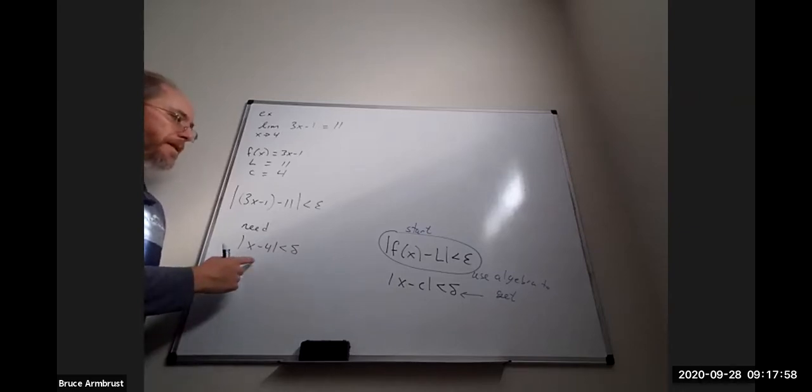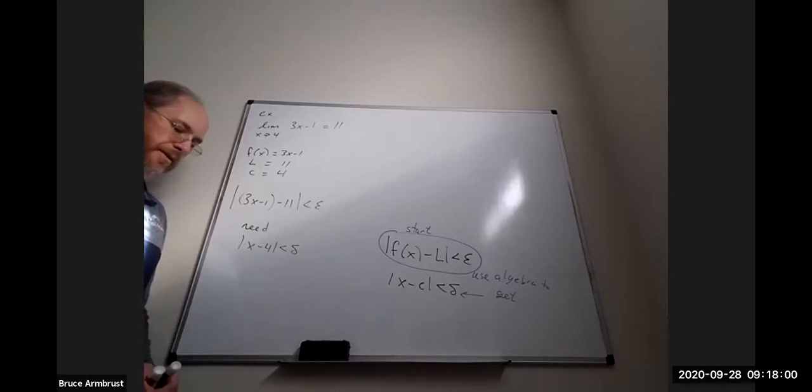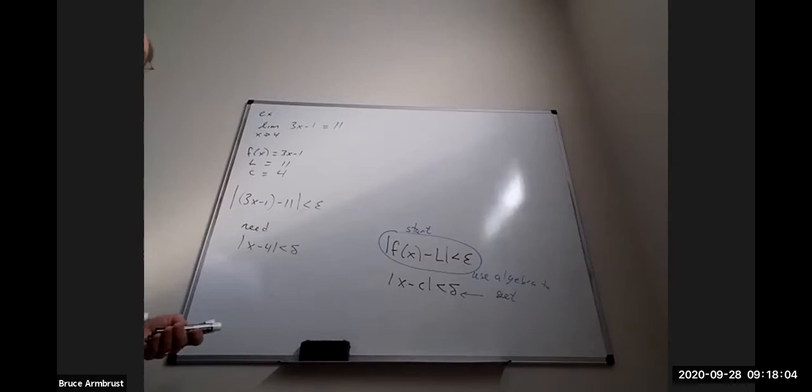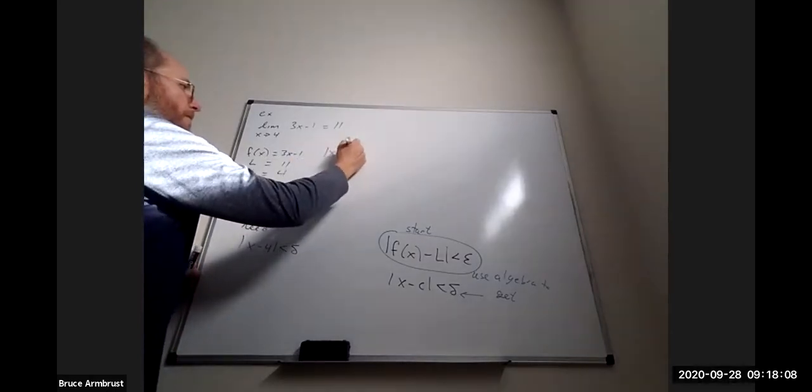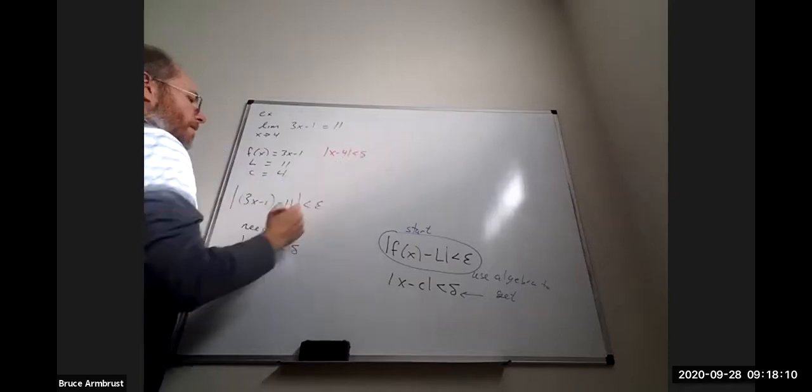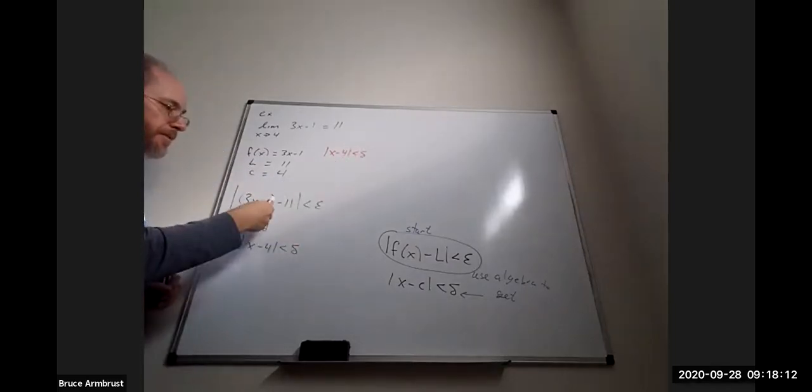All right, that's what we need it to look like. So let me write that up here just as a reminder of where we're going, because I want to do the steps down below.